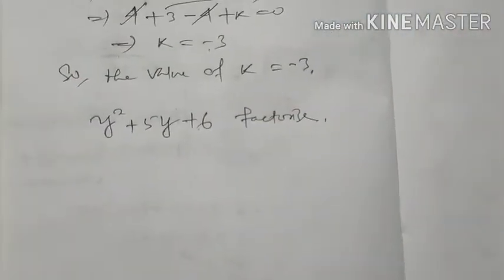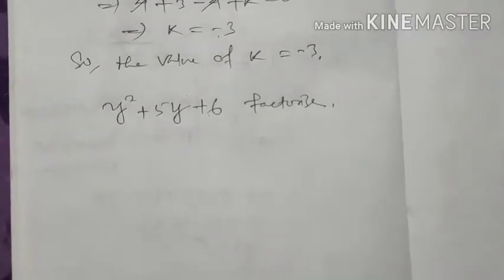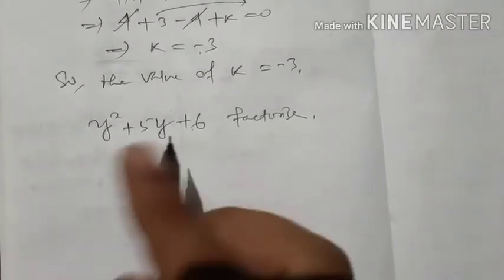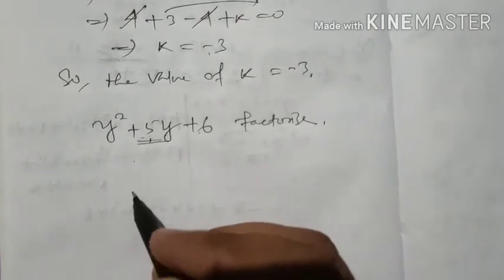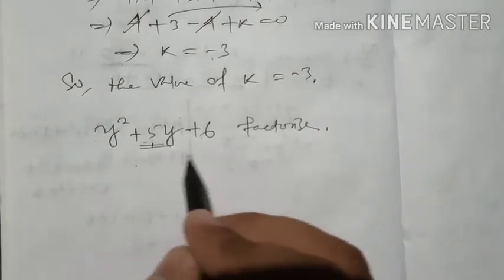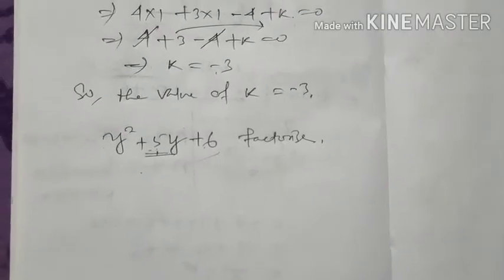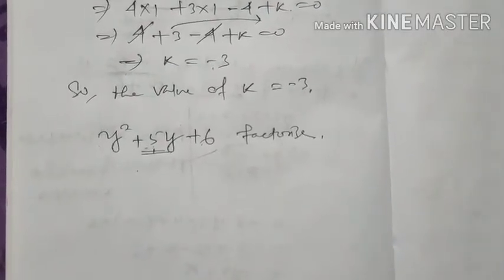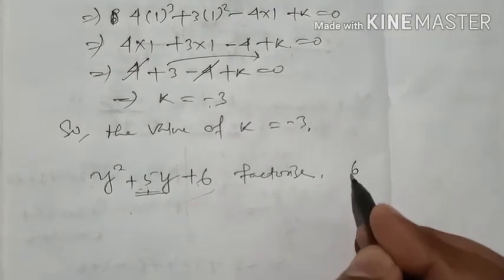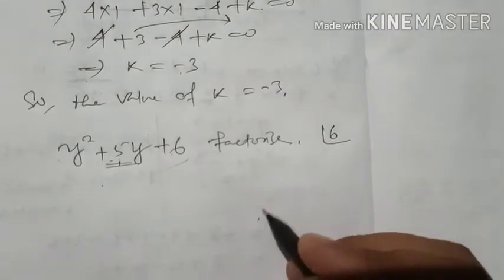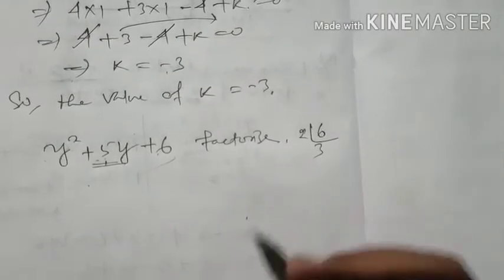For example, here we have to find such two numbers so that their addition will be 5y, and their product will be 6y². Right now, how can we find that? Just find the prime factors of 6. 2 3s are 6.